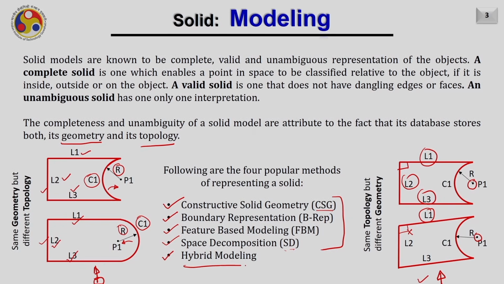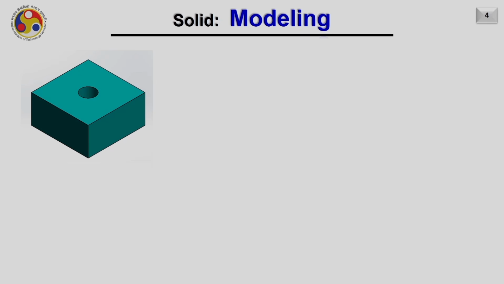Nowadays many packages use this hybrid modeling. I'll give you one example. SolidWorks is based on feature based modeling, while they do not really use much of the constructive solid geometry. Let us try to understand the difference between the four different strategies of representing the object.